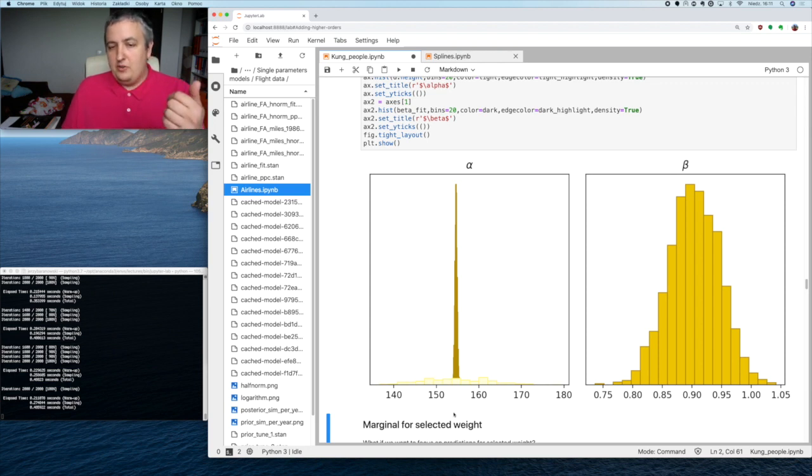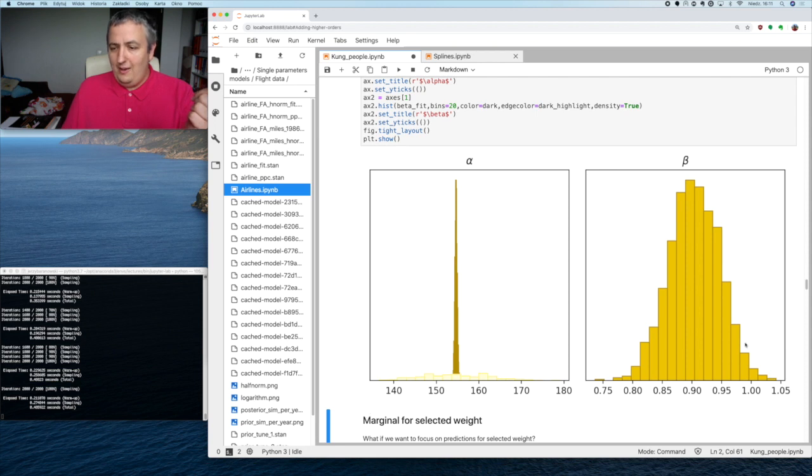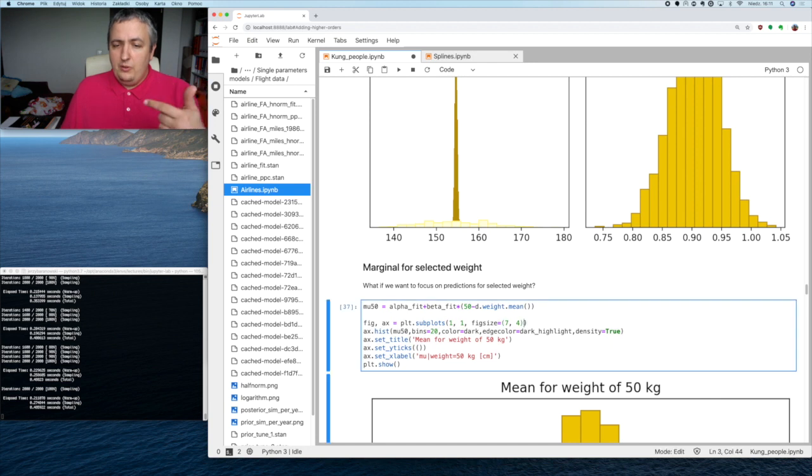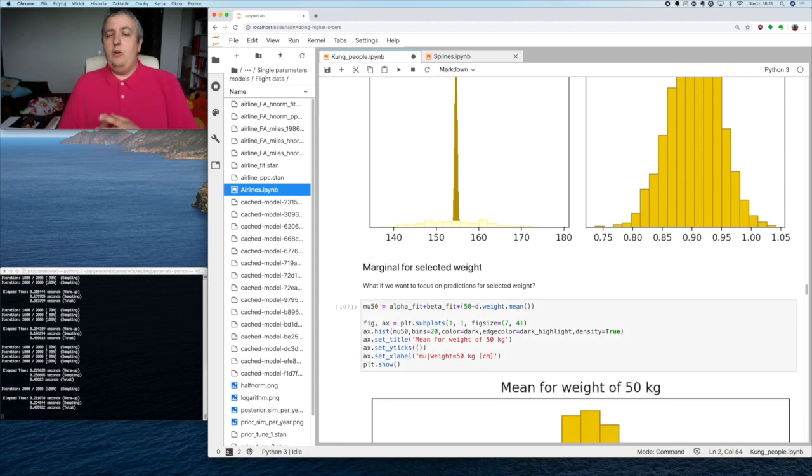So it captures the mean of that population very well, and beta is relatively small, located around 1, so it corrects our heights with respect to the difference from the centered values. And we can use this model, for example, to consider what kind of prediction we could make for, let's say, a person weighing 50 kilos.